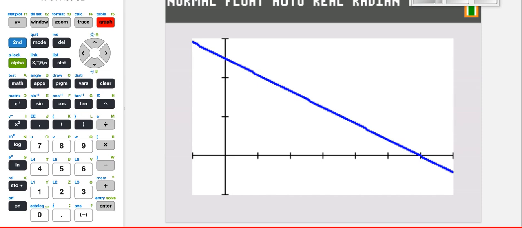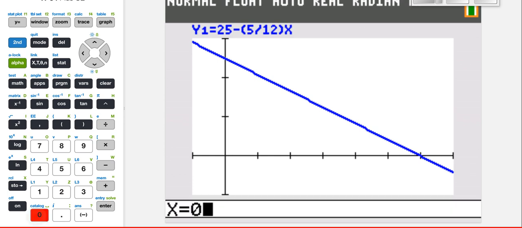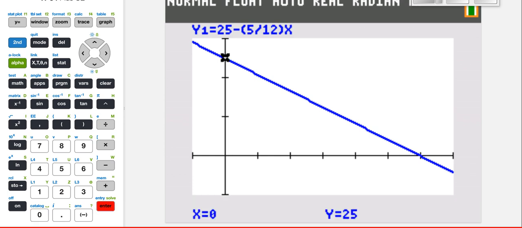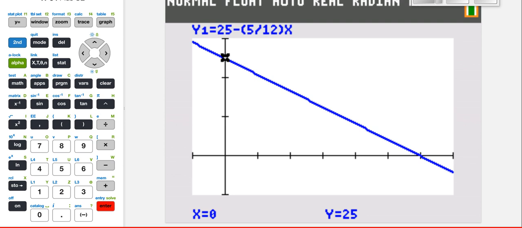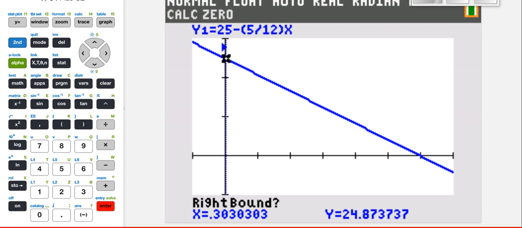Okay, then if you look at your graphing calculator, we can quickly look for the y-intercept. So 3, 0, enter. So 0 and 25. Let's quickly find the x-intercept. So second trace, number 2, left bound, yes.